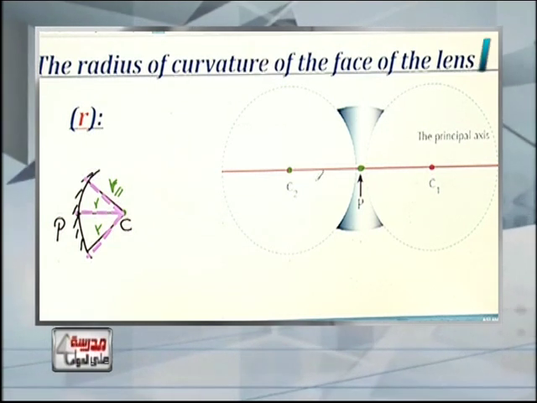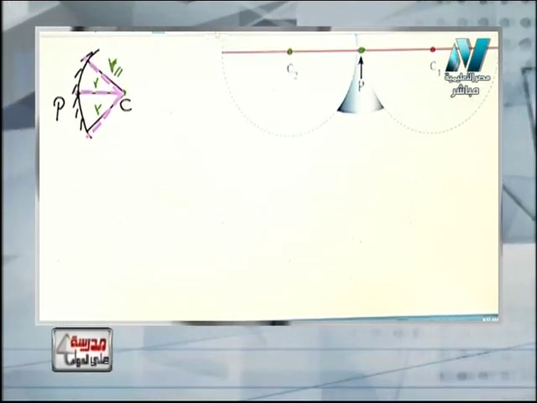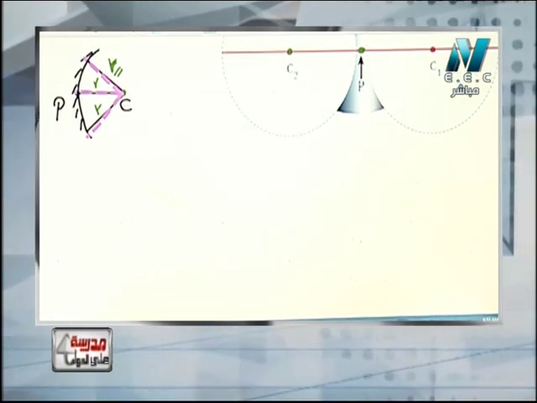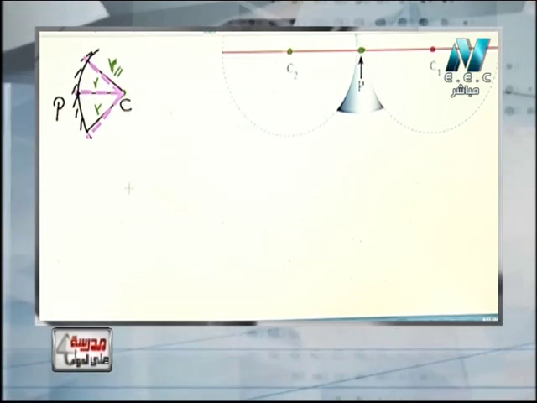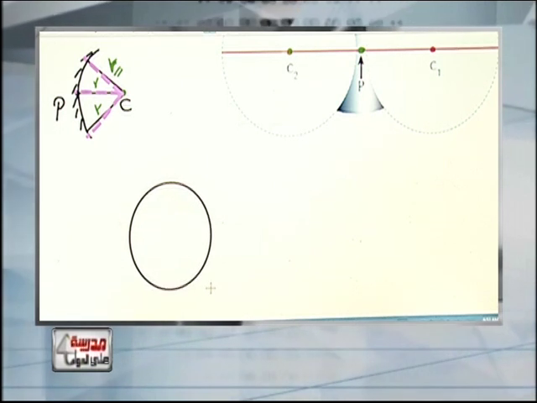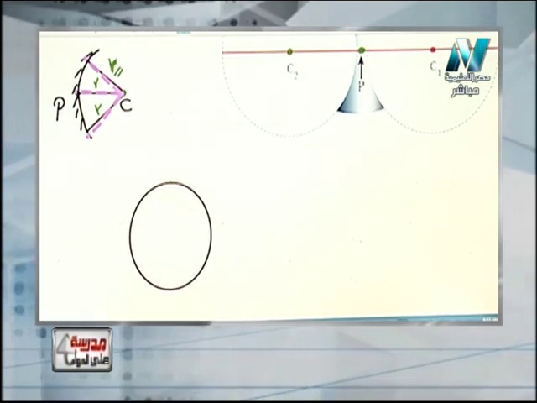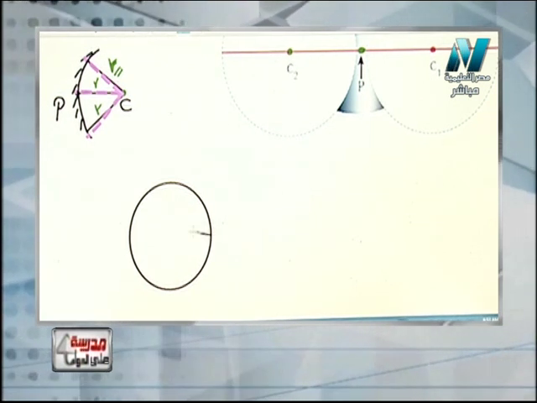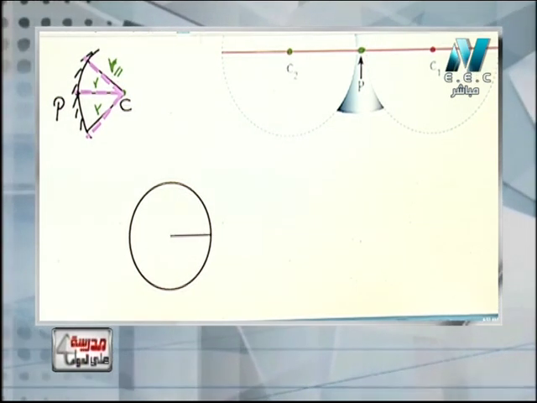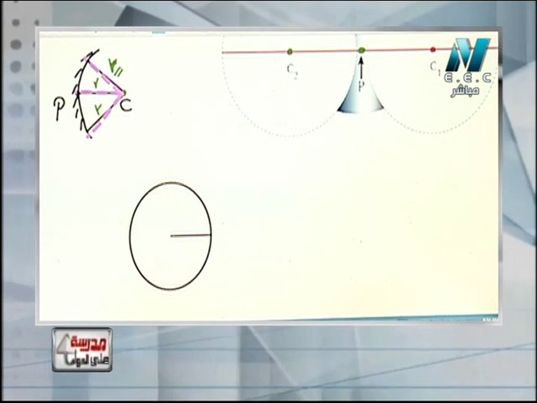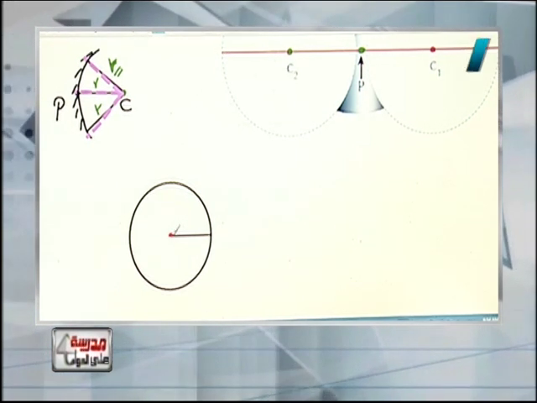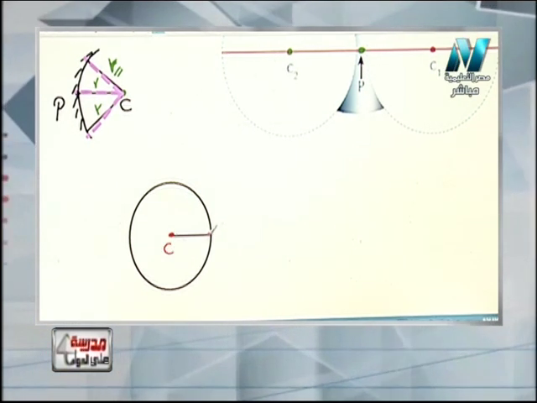No, it doesn't work. Why? For example, I have two spheres, and we agree that any lens is part of two spheres. Here we have a sphere, from this point to this point is the radius. We have the radius from C to this point.